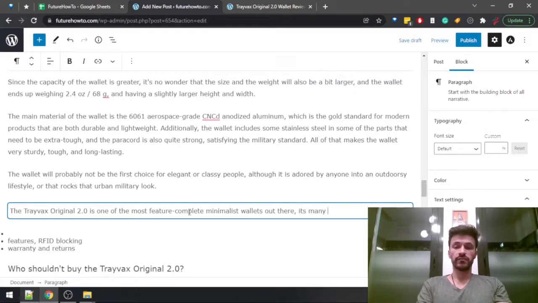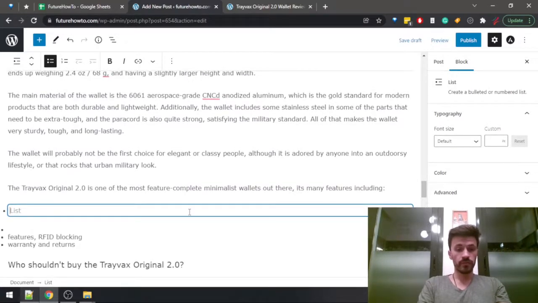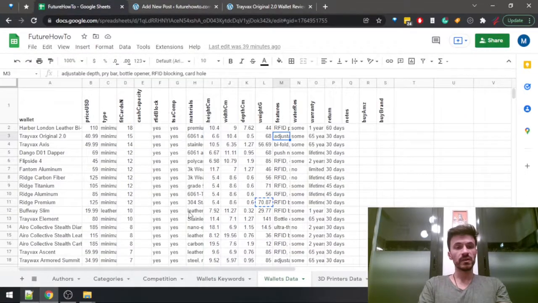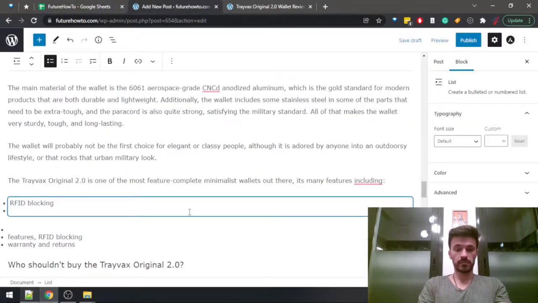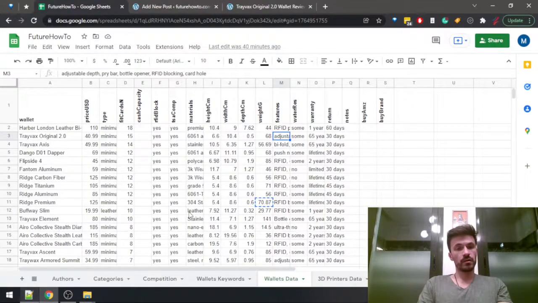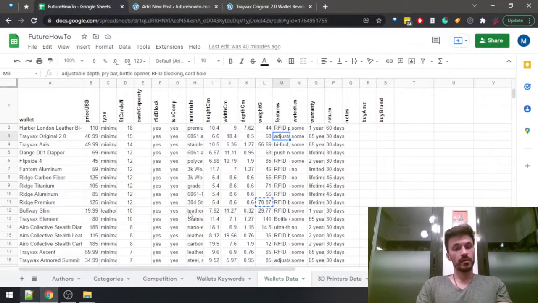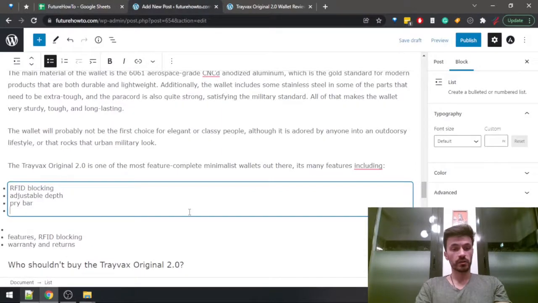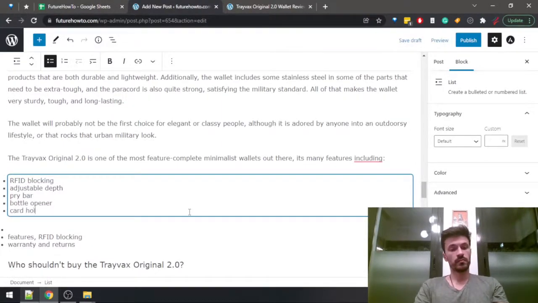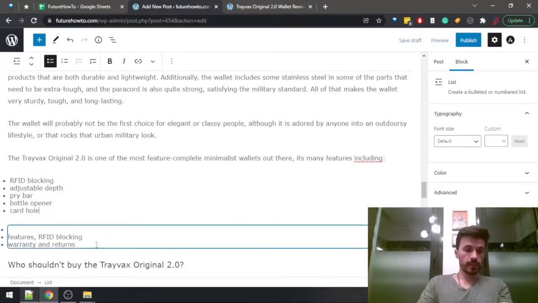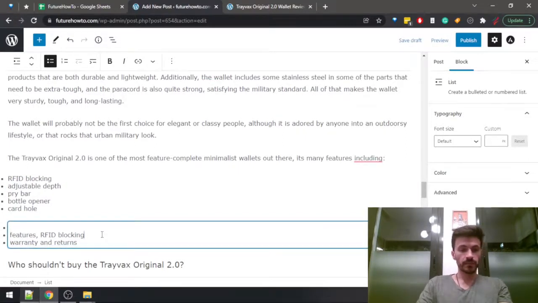Its many features include RFID blocking, adjustable depth, bottle opener, and card hold. Okay, there we go.